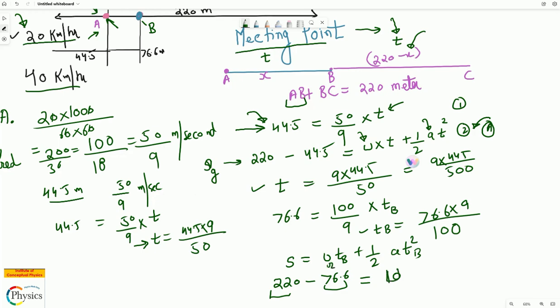So we will write U green multiplied by TB plus half A TB square. Make sense? Now we know the time. We have found another equation B, which connects U and A. So we can solve these two equations, two variables, and get the answer.